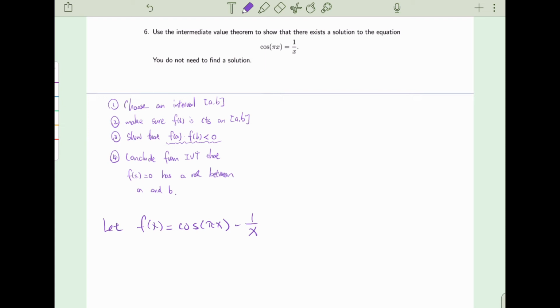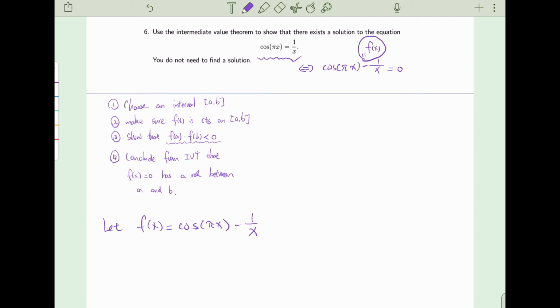Why is that? Because this equation is equivalent to this equation, cos pi x minus 1 over x equal to 0, right? By moving this to the other side. So I have to create some function so that the function equal to 0 gives me the exact same equation. So now I let f of x equal to this, right? And then by letting f of x equal to 0, I will have the same equation.